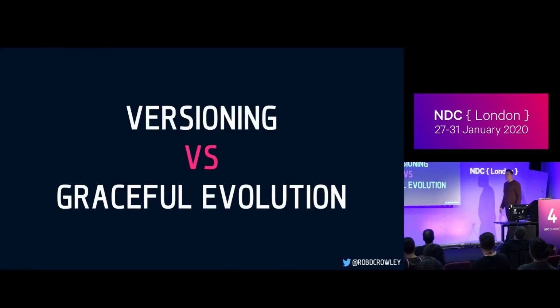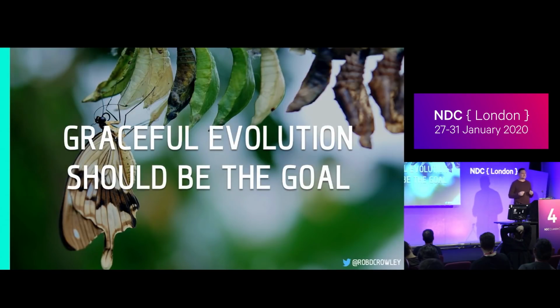And from there, it's graceful evolution. And this is really what has been promoted in the REST space for quite a number of years in the web as well, that web pages gracefully evolve in the same way we can build our APIs with non-breaking changes. And in my opinion, graceful evolution should always be the goal.